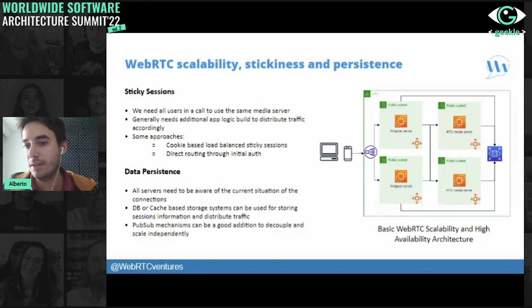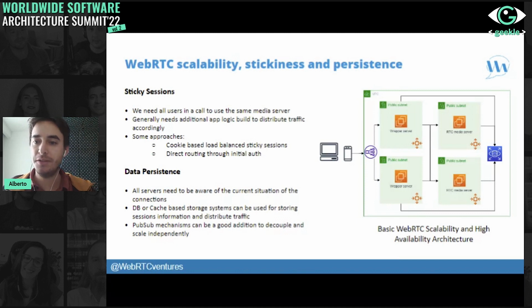In this case, we make sure that we always reach the same server, and then we are fine. The problem with that approach is that we wouldn't be able to do some of the more advanced architectures, like the ones we were talking about, where we have more than one server for the same session.